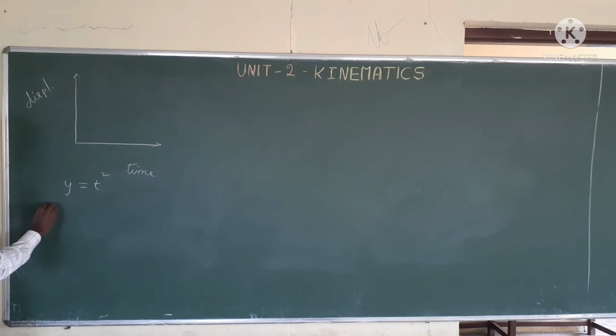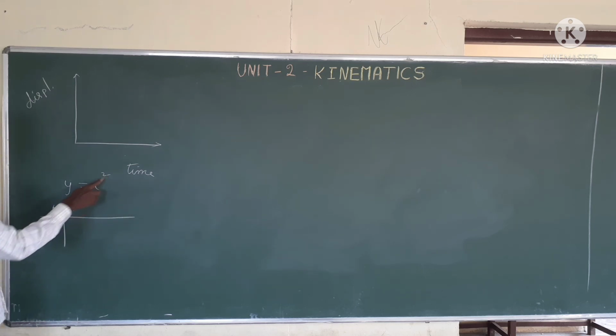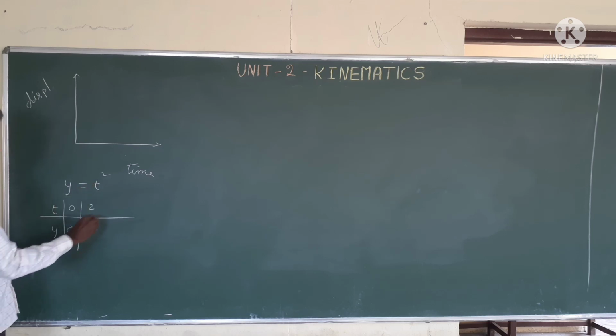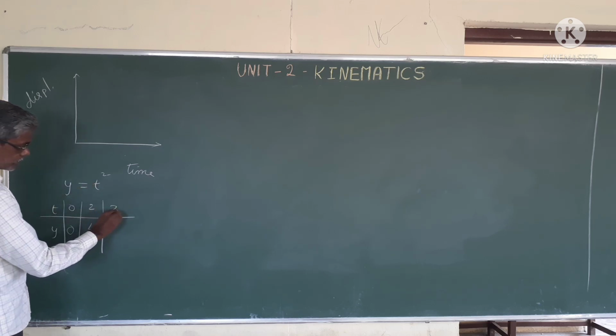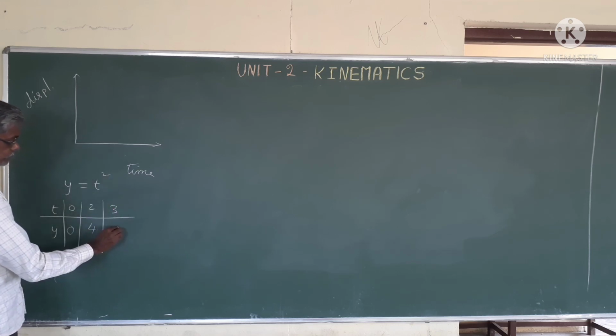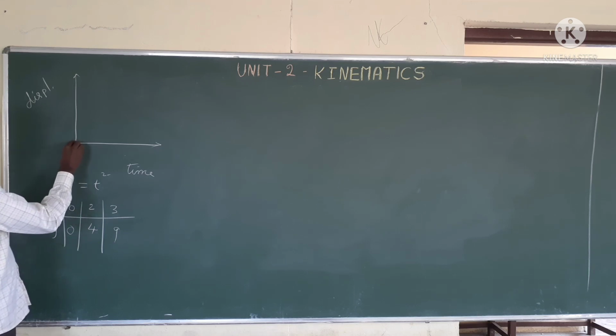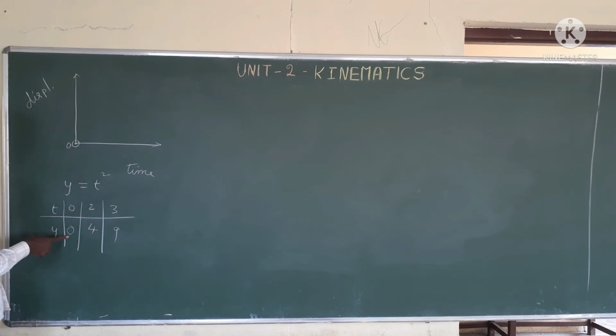Now we find out the values for t and y. When t is equal to 0, what will be the y? y will also be 0. When t is equal to 2, y will be equal to 4. When t is equal to 3, y will be equal to 3 square, 3 3s are 9. Now you plot this in the graph. So 0 comma 0.